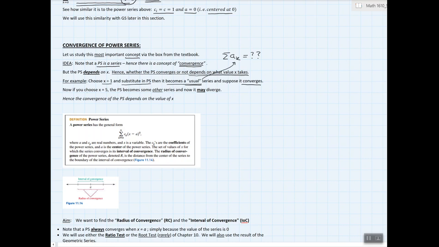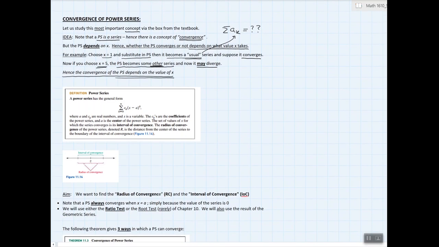Now, if you choose x as 5 or 10 or some other number, the same power series will become some other series. Obviously, if you put a different value of x, you're going to get a different series. And now it could happen that it may diverge. So the point here is that the convergence of a power series depends on the value of x. With one value of x it could diverge, and with some other value of x it could converge.